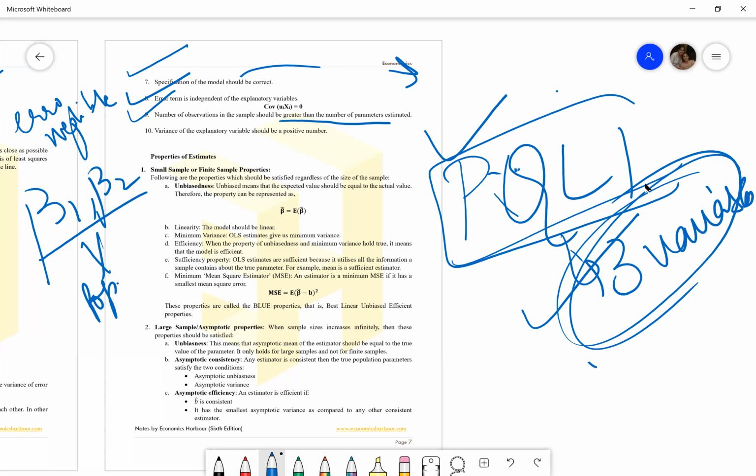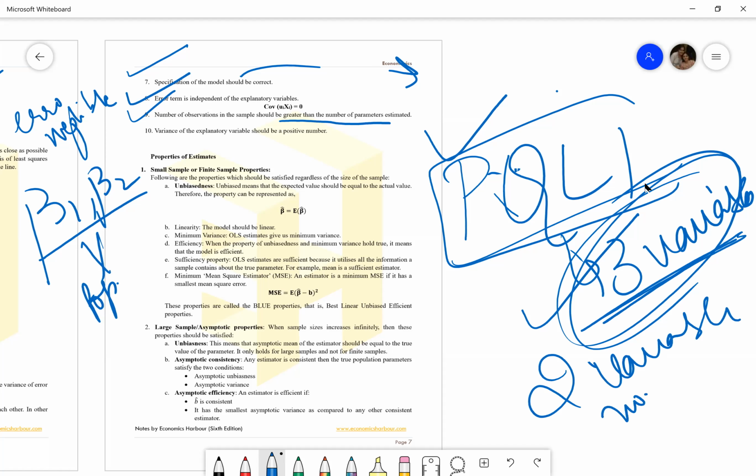No, your number of observations should be greater than the number of variables involved in your model. So if you are using 2 variables, your number of observations should be greater than 2. If you are using 4 variables, it should be greater than 4.